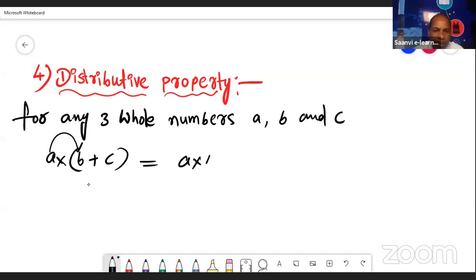A into B. Okay. And next multiply with C. Here the middle plus symbol is there, and on the right side, A into C.